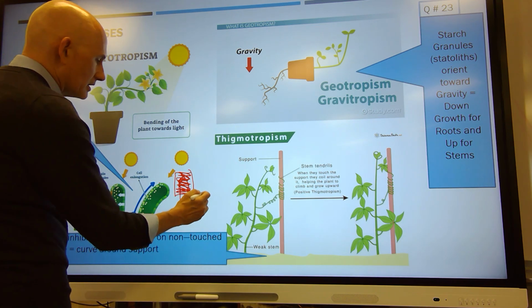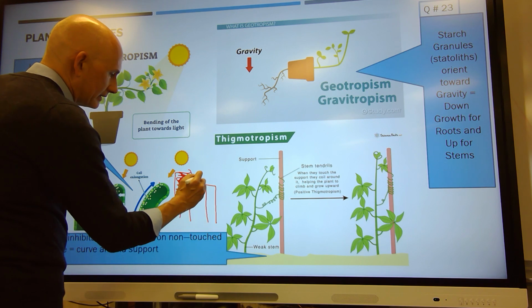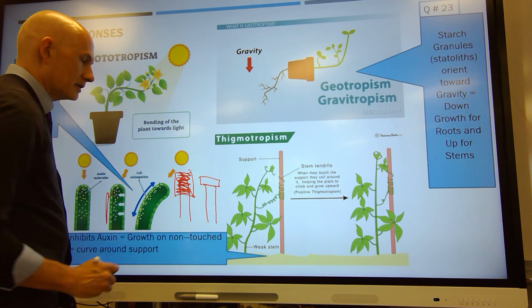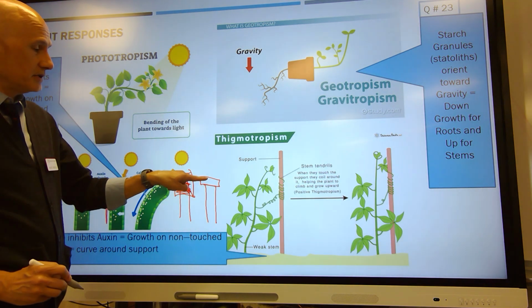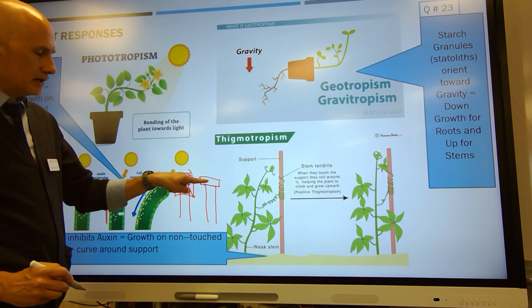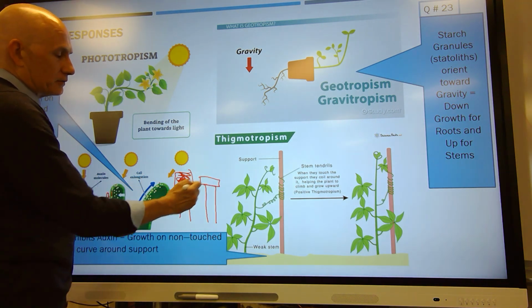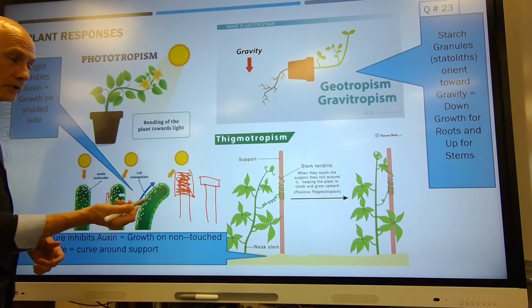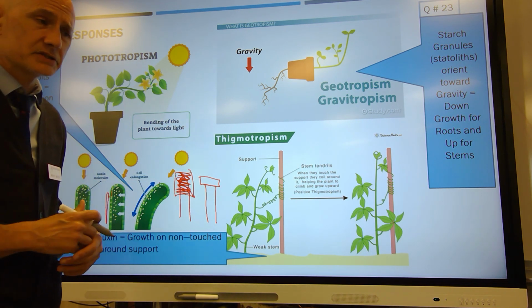And then you'll have some where it's been cut off and there is a soaked piece of agar or cloth with auxin in it, and you have to depict which side it will grow toward based on the auxin concentration, and just different situations like that.